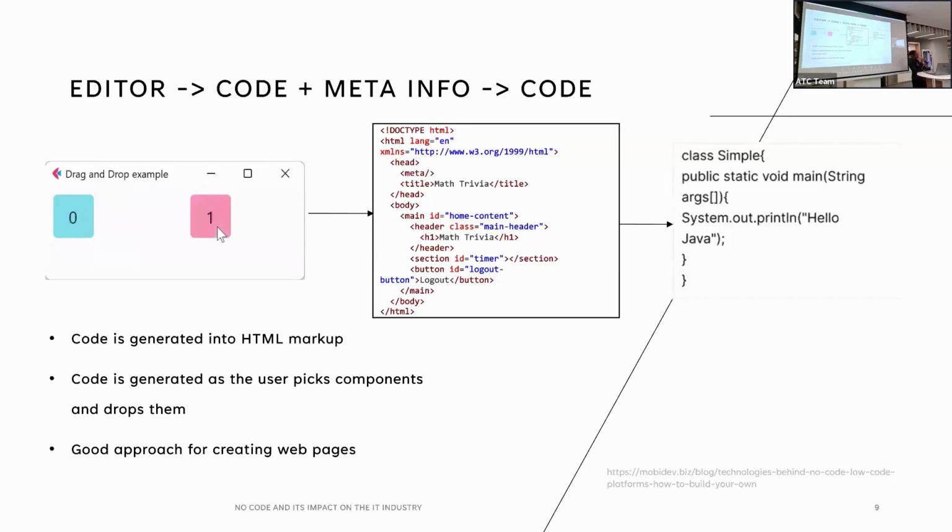So with this one, a user can actually change a property of the components, and that will change the code in real time. Now, this approach also dives into the low-code software approach implementation. This is good, and it's only limited to web pages, as it only does HTML text.